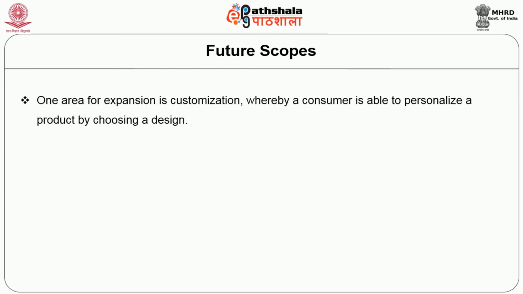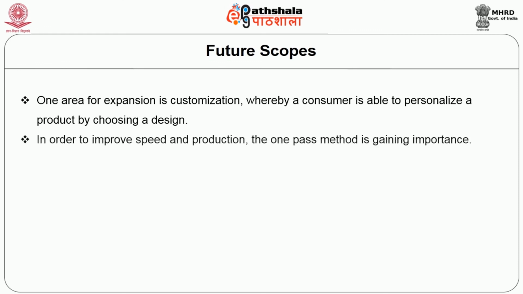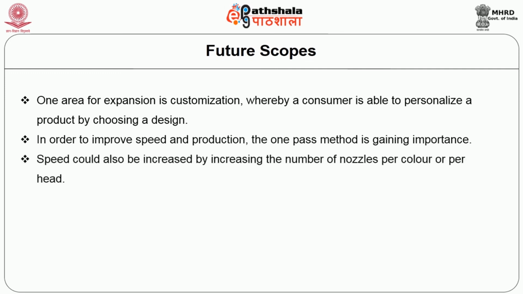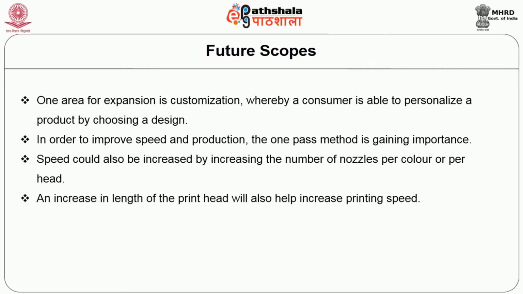One area of expansion is customization, whereby a consumer is able to personalize a product by choosing a design. In order to improve speed and production, the one-pass method is gaining importance. Speed could also be increased by increasing the number of nozzles per color or per head. An increase in length of the print head will also help increase printing speed.